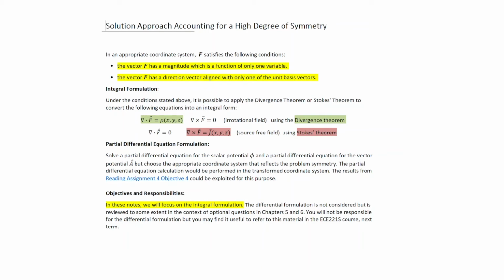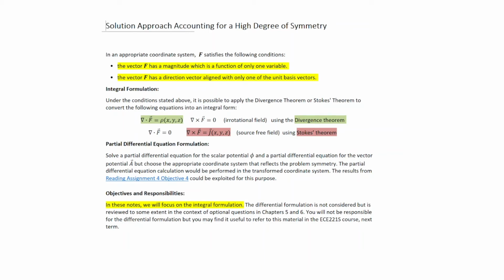All right, so the two different approaches taken to solving these problems, given that we have a symmetry, are the integral formulation and the partial differential equation formulation. For the integral formulation, under the conditions stated above, it is possible to apply the divergence theorem or Stokes' theorem to convert the following equations into an integral form.